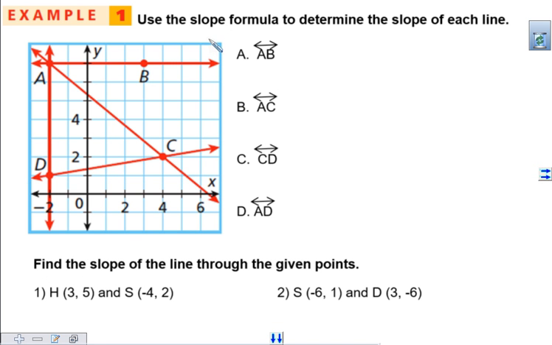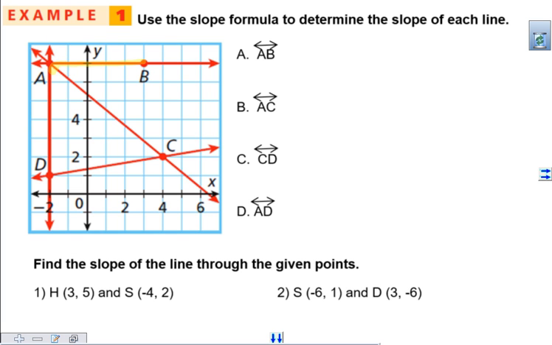Now, we are going to use the formula for slope. Because this is on a graph, I just recommend using the graph and not the formula. So, the first one we're looking at is line AB. So this line here. And did we go up or down any?